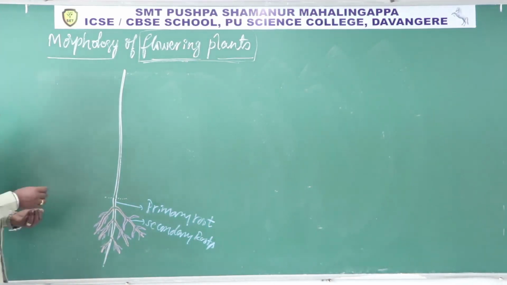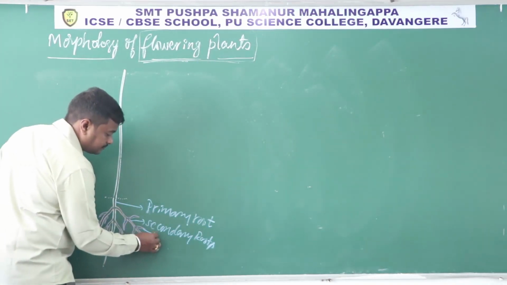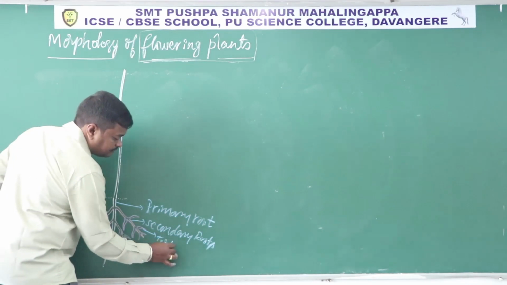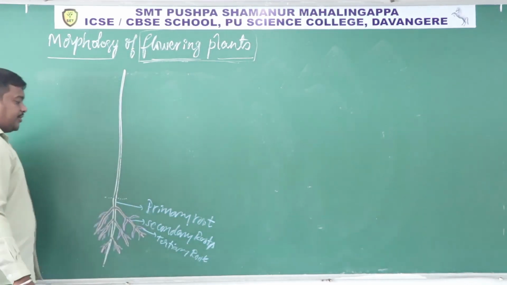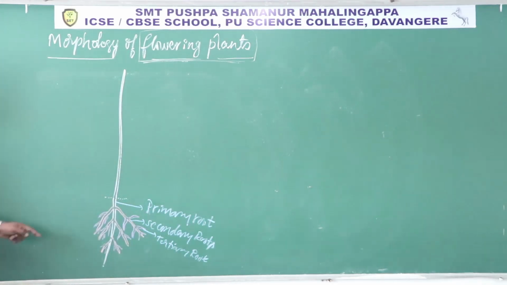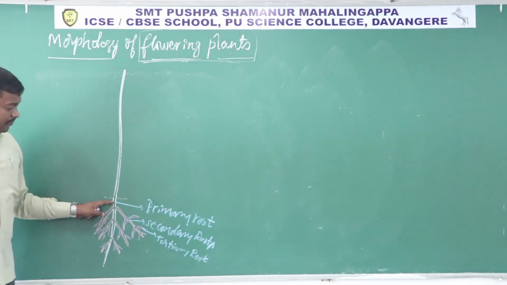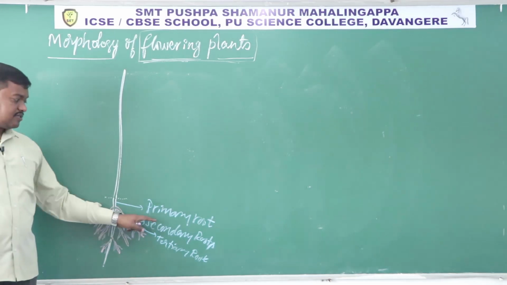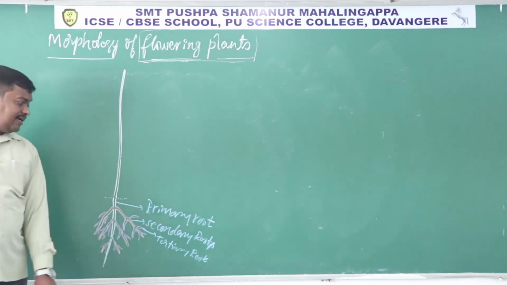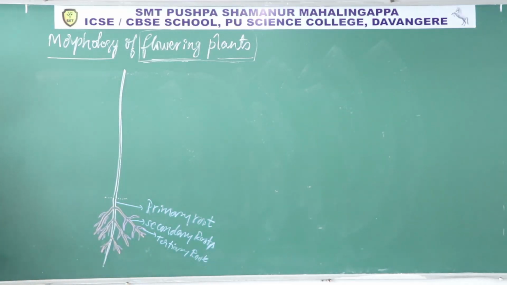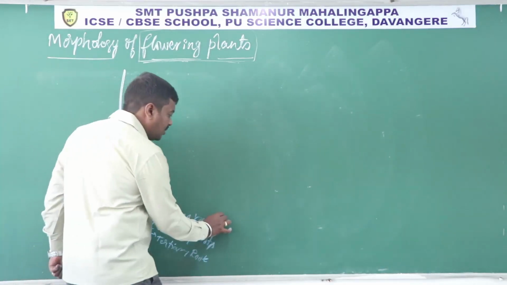So the primary root shows branches, those branches are secondary roots. On the secondary roots again branches appear, called tertiary roots. This whole thing together forms the root system.